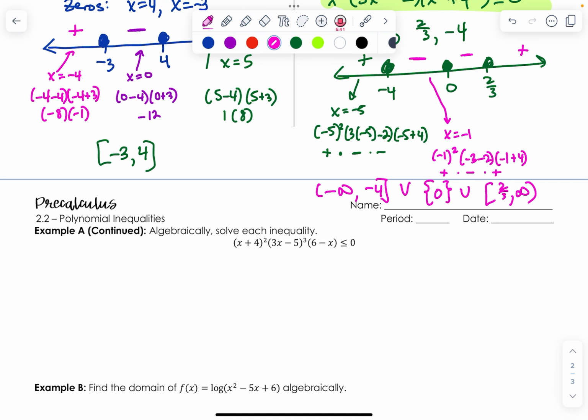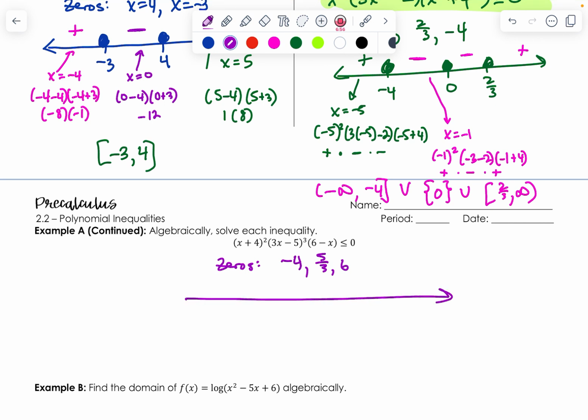All right, so in the next example, this one is already set up where I can read the zeros. So the zeros are -4, 5/3, and 6. So I'm going to make a number line. These are closed circles. And again, you're going to do your test point.